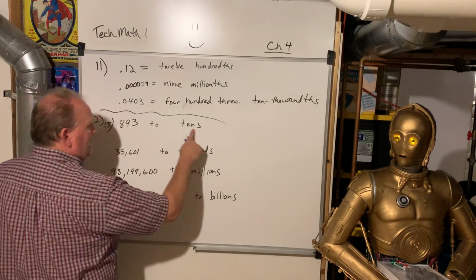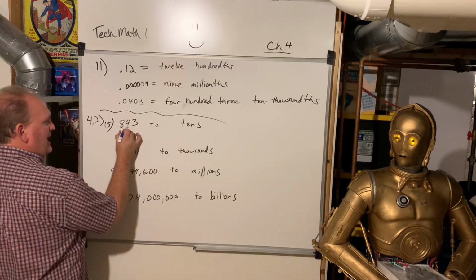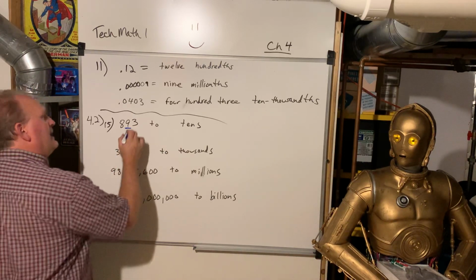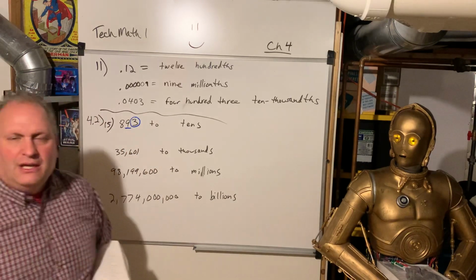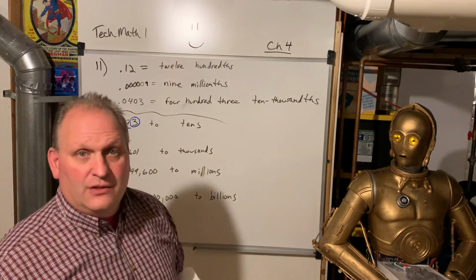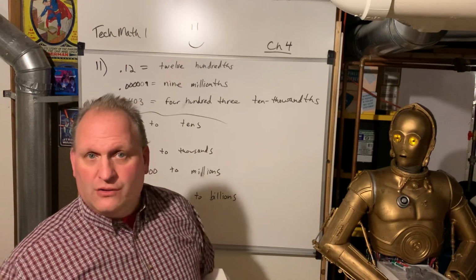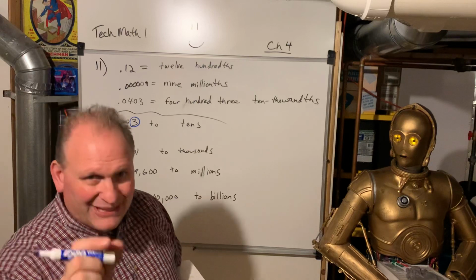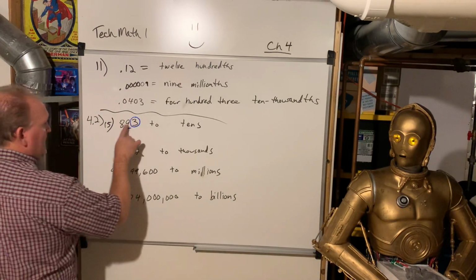So this is to tens place. So this is ones, tens, hundreds. So that's the tens place. And now we look at this. This number determines what I do. If it is a 5, 6, 7, 8, or 9, you bump it up. If it is a 4, 3, 2, 1, or 0, you drop it off and just replace it with a 0. So look, it's not enough to bump it up.